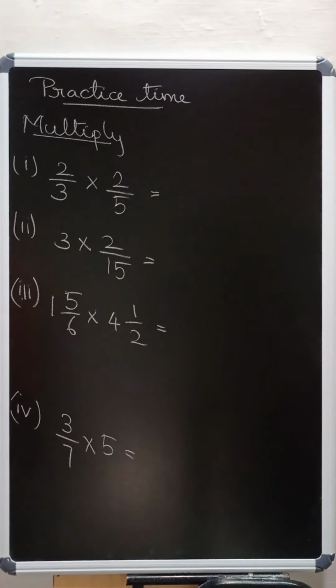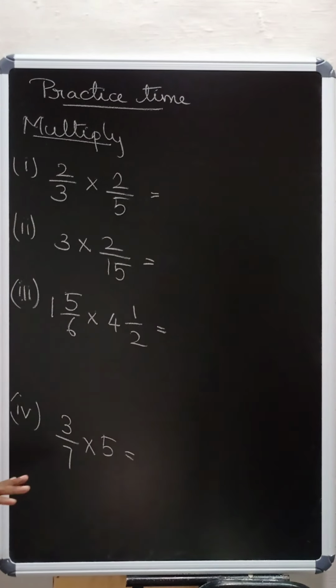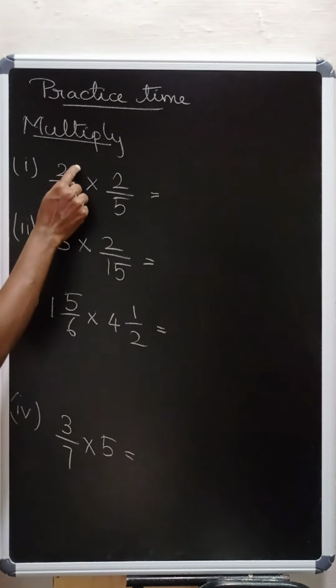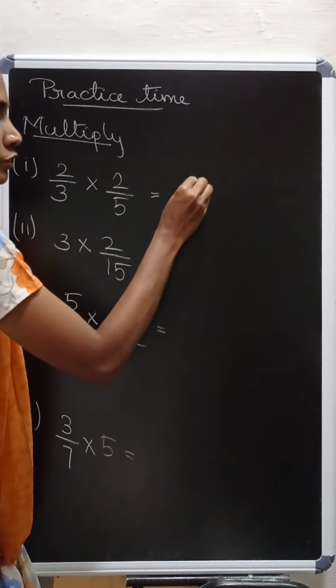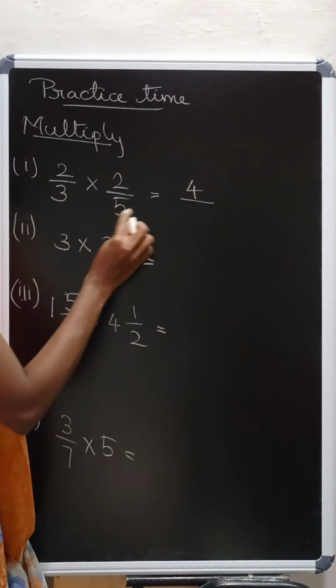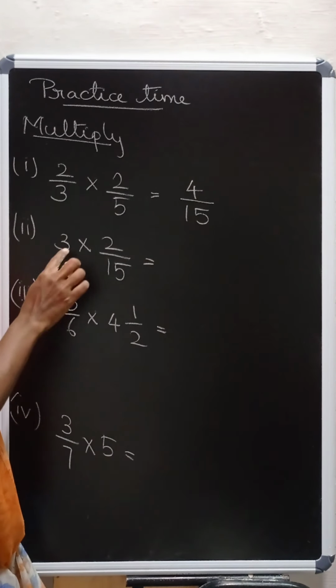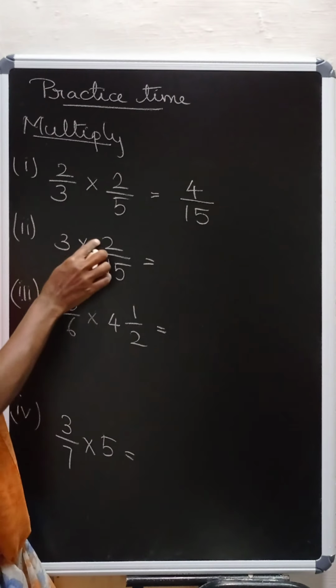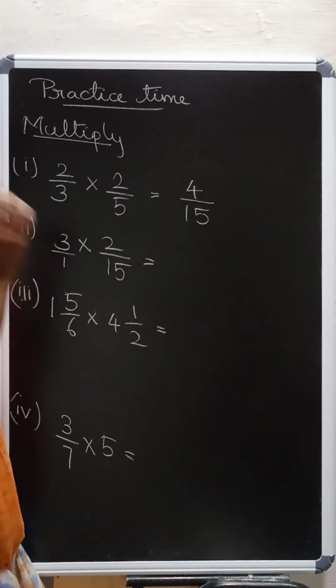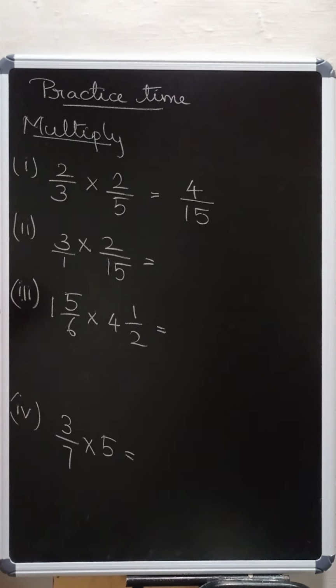Now practice time. Practice these sums and then check your answers with my answers. Now what is multiplication? Multiplying the numerators and multiplying the denominators. 2 2s are 4. 3 5s are 15. So 4 by 15 is the answer here. This is having only a numerator, so you assume this as 3 divided by 1.